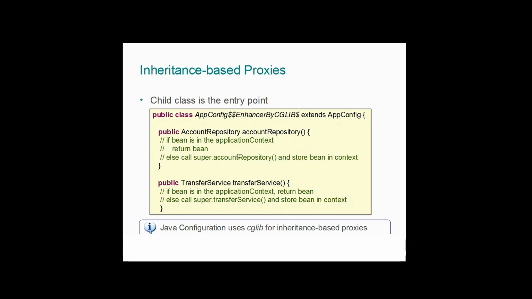Whenever there is a scope, it will go and create a new object and return that object for you. So that's again taken care of by the proxy. Yes, so you don't need to worry, Spring will take care of that. What I'm showing here is what actually happens behind the scenes when you do this in Java.